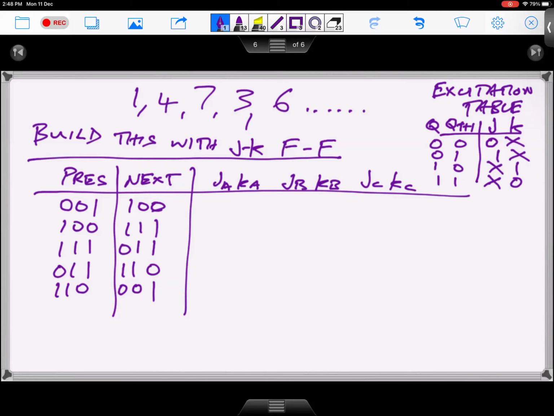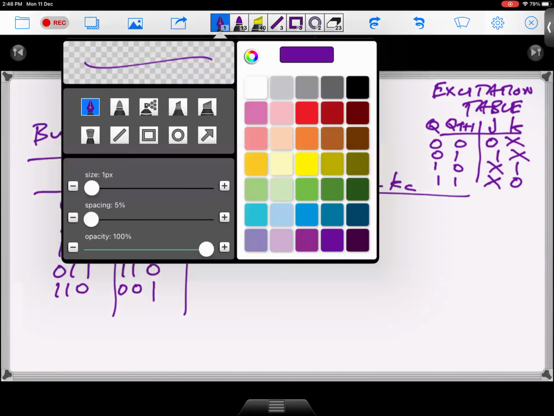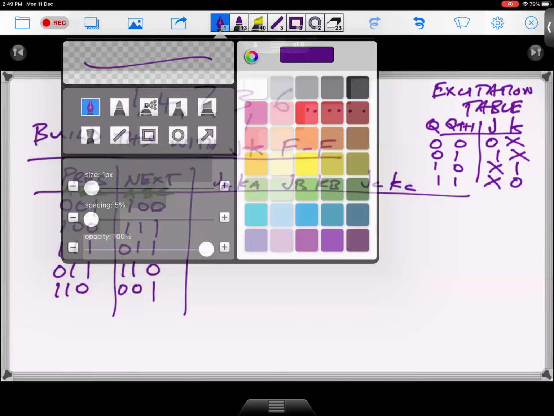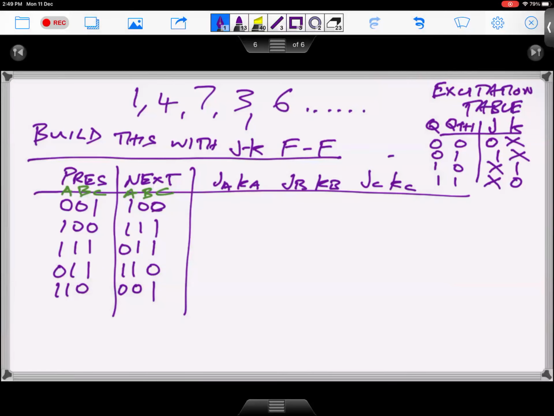Okay? So now we can look over here and we see we're going on the A from a 0 to a 1. We probably should label those A, B, C, A, B, C. Okay, so what are we doing? We're going from a 0 to a 1 on the A. That's that.